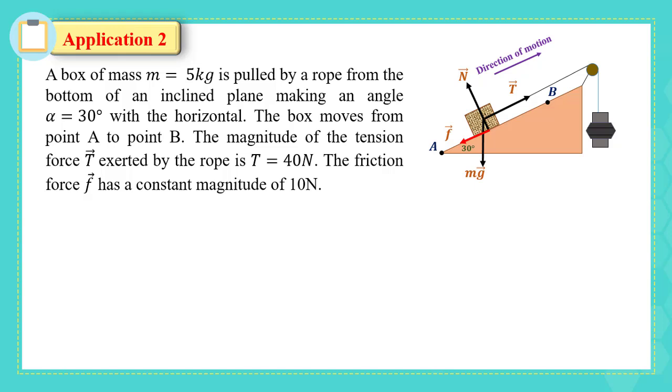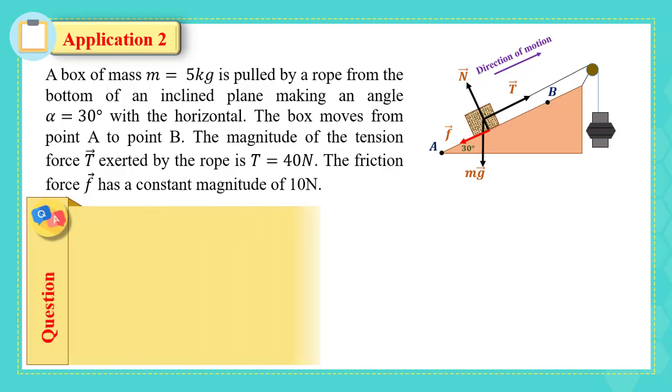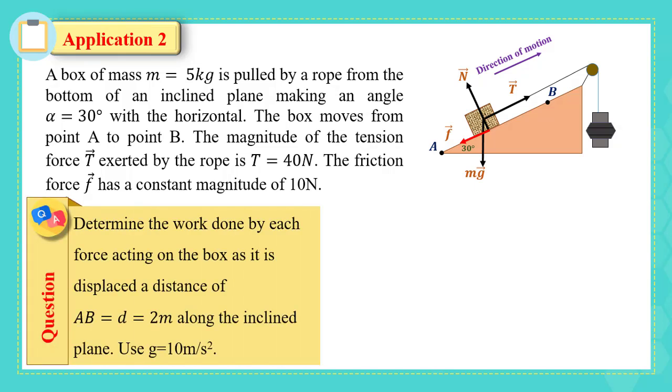The first question: determine the work done by each force acting on the box as it is displaced a distance AB equals 2 meters along the inclined plane, and use g equals 10 meters per second squared. Pause the video and think of the answer.